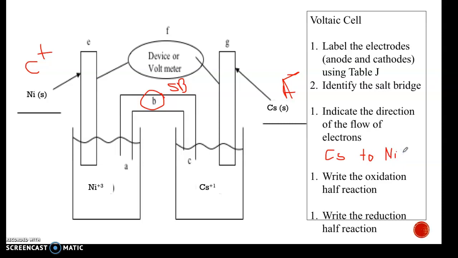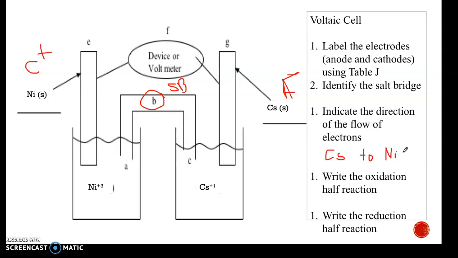Now, there might be a couple of questions that ask, which one is going to gain more ions, or which one is going to have a mass increase? Well, cesium is losing 2 electrons. So cesium would decrease in mass, but it would increase in ions because it's losing electrons.